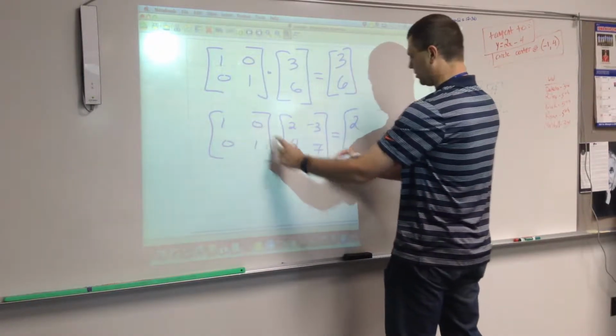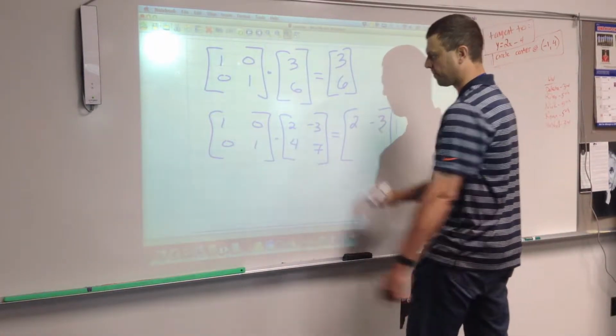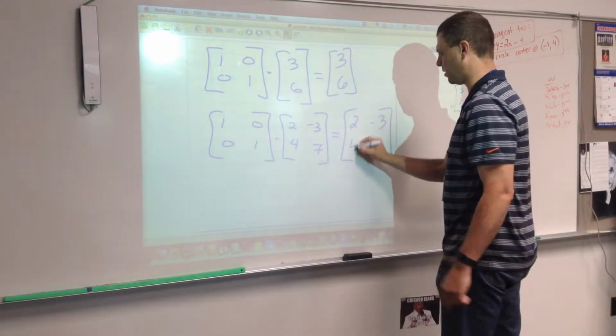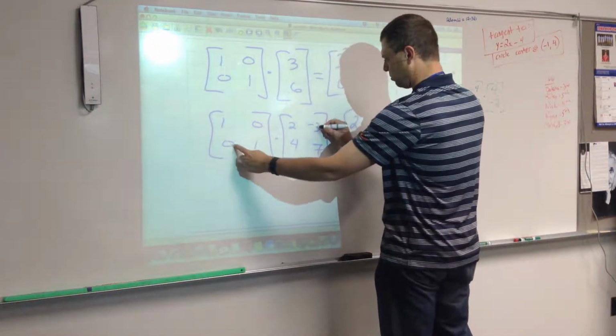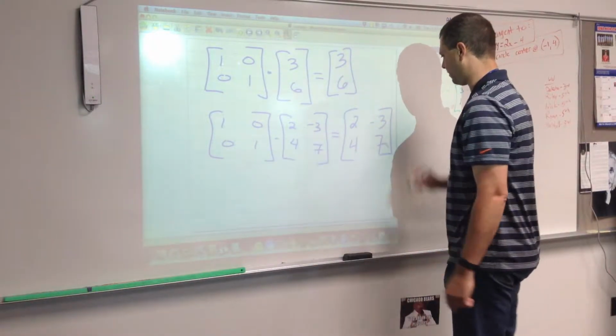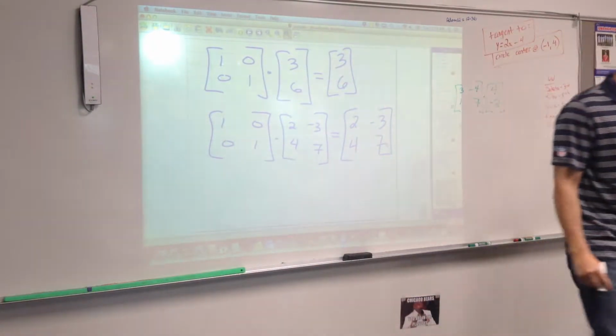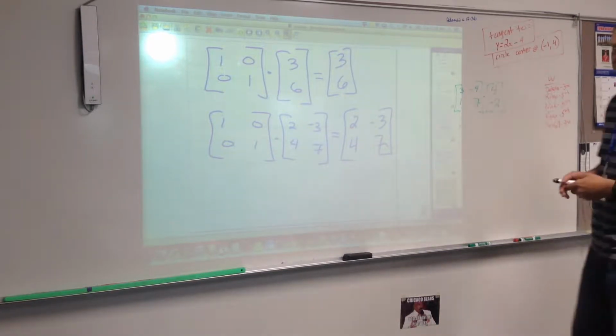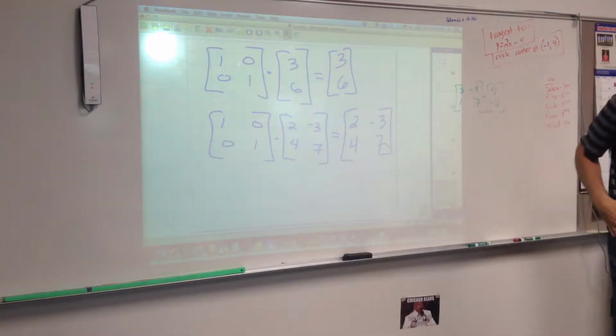Negative 3 plus 0 is negative 3. 0 plus 4 is 4. 0 plus 7 is 7. Okay? Some real quick matrix multiplication. Tell me what you see. They're the same.